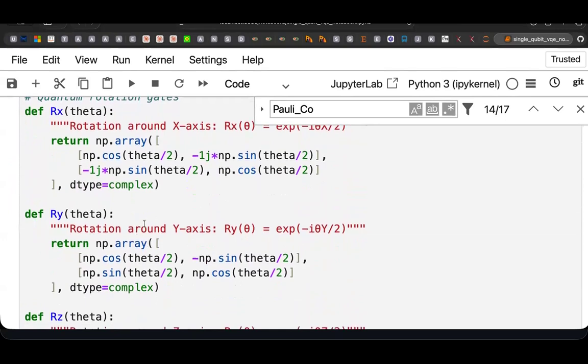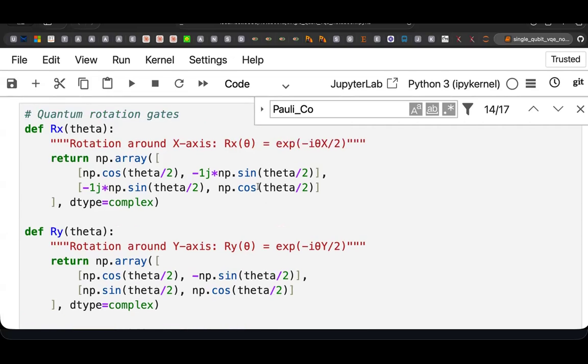We have a similar one for the rotation in the y-axis. This is now the one part, which here has a cosine theta half. So it gives us a 2x2 matrix, and there will be one part on the diagonal, because this gives us just an identity matrix. And then we have the part here, which now is a Y matrix.